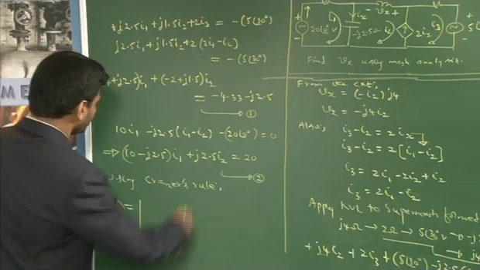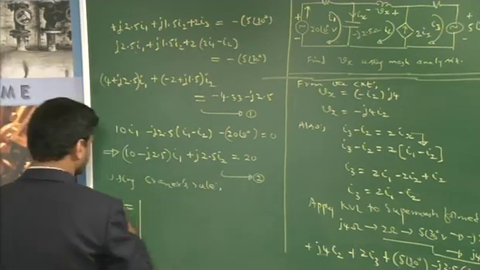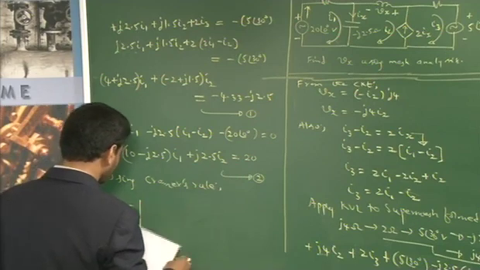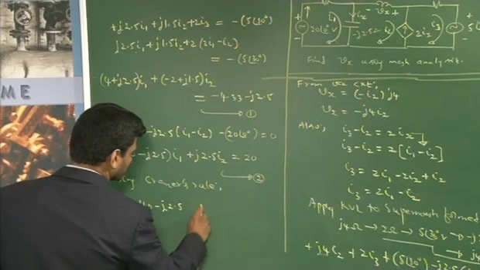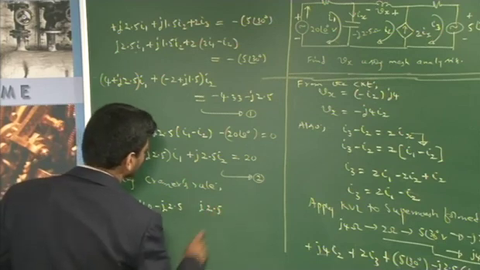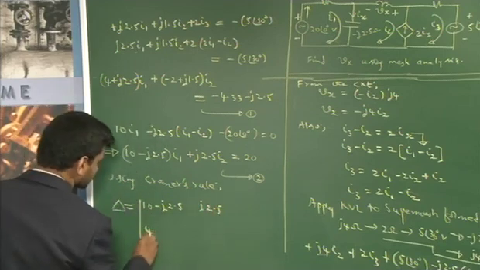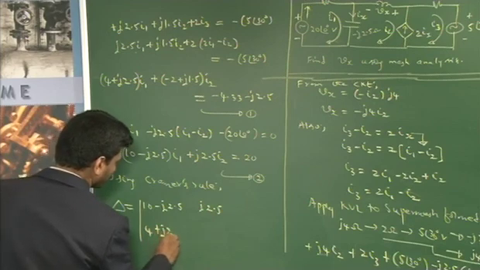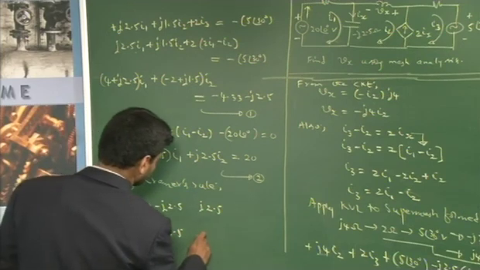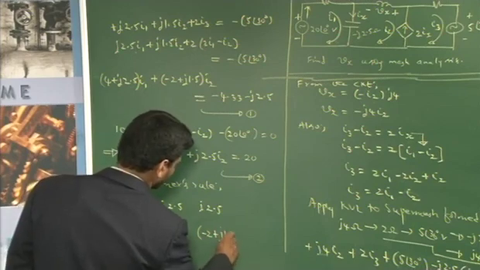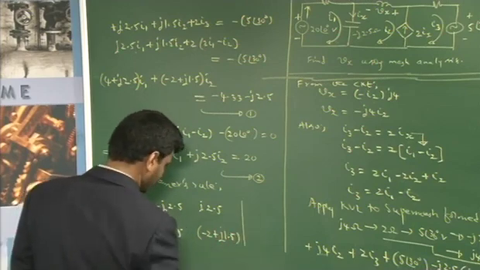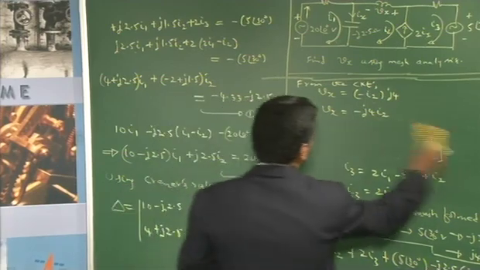So, delta is equal to 10 minus j2.5, then j2.5, and then 4 plus j2.5, then minus 2 plus j1.5.